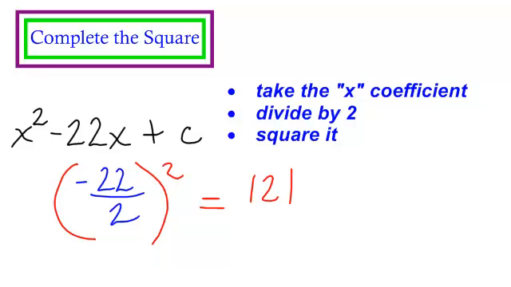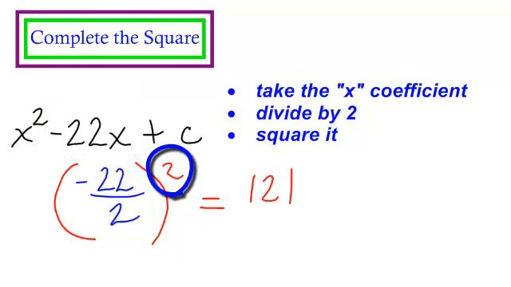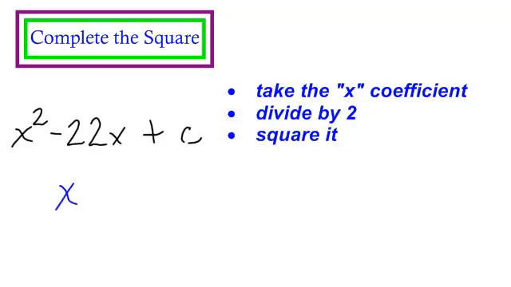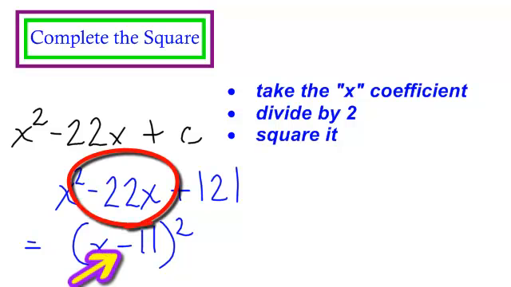Notice, it really doesn't matter if the x coefficient is positive or negative, because when we square it, the number we're adding to make this a perfect trinomial will always be positive because a negative times a negative is a positive. So if I had x squared minus 22x plus 121, and I factored that, it would be x minus 11 squared. The reason I had to put a minus this time is because my middle term was negative.